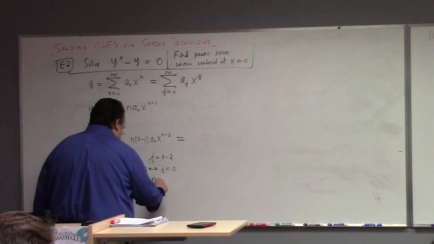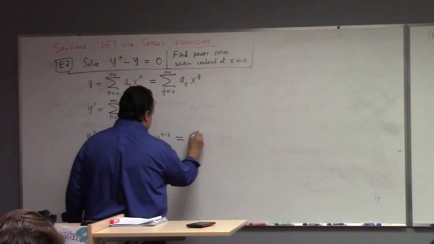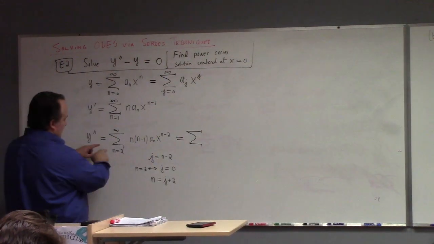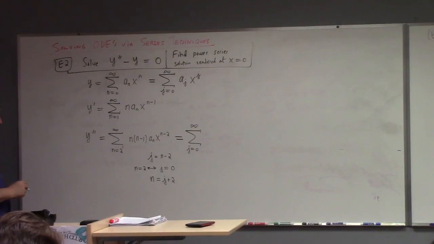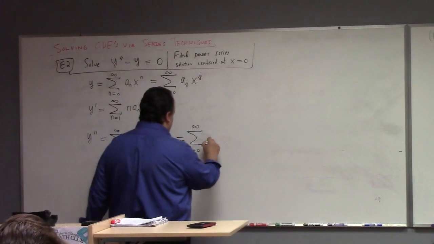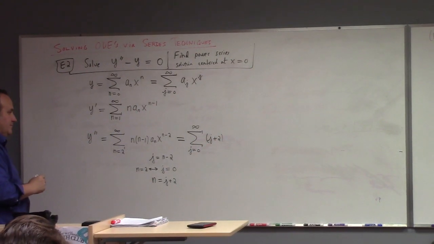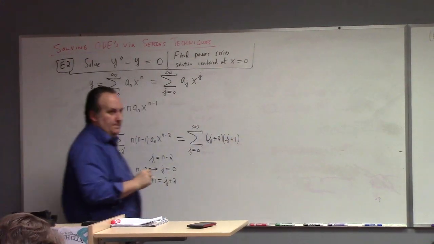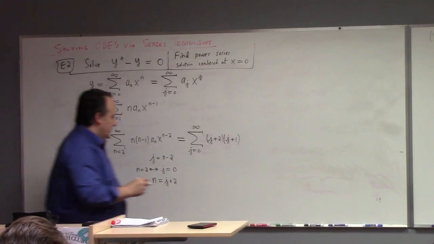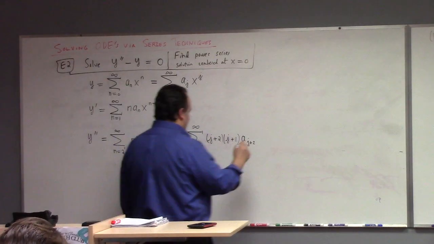And also n is equal to j plus 2. So in terms of those rules of engagement, this is the sum j equals 0 to infinity, where n is j plus 2, n minus 1 is j plus 1, a sub n is a sub j plus 2, and then of course we have x to the power j.